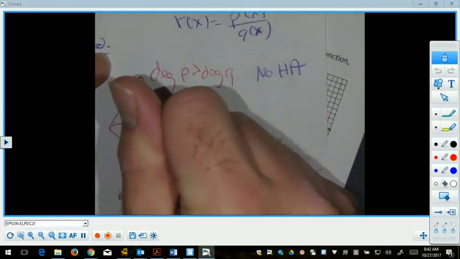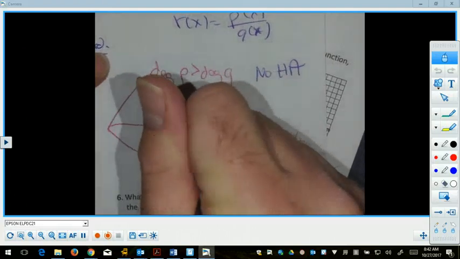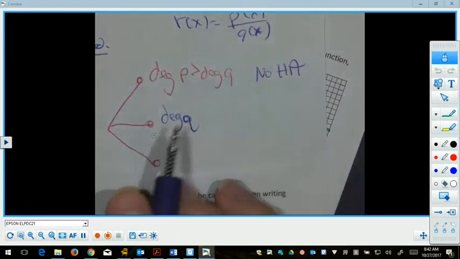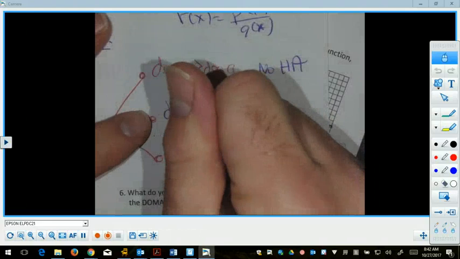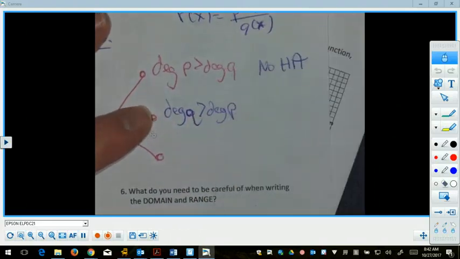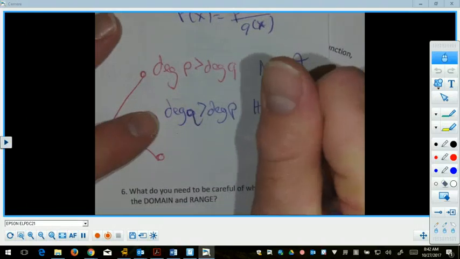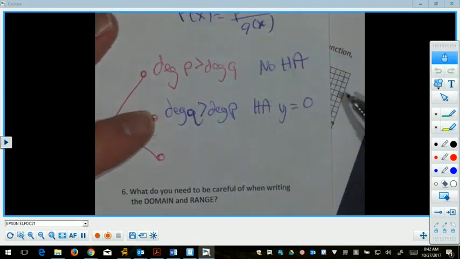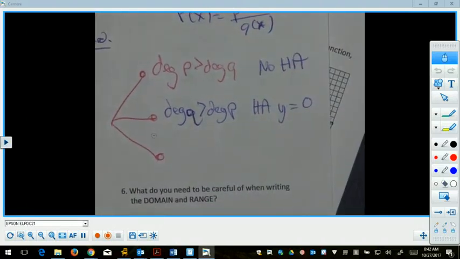If the degree of Q of x, the bottom, if the degree of the denominator is bigger than the degree on the top, then the horizontal asymptote will be y equals 0. Yep.